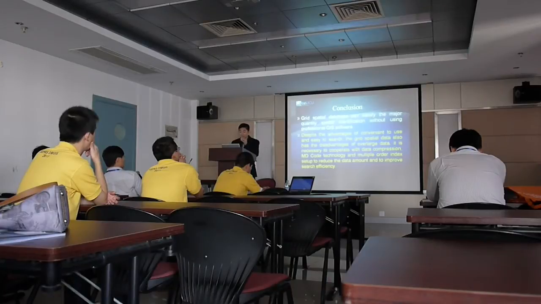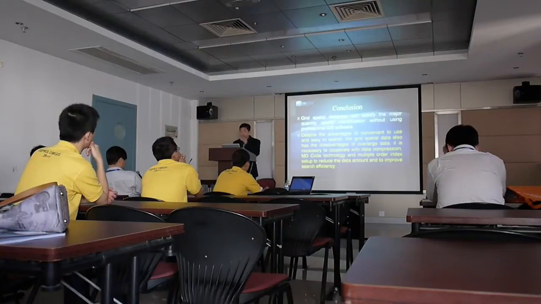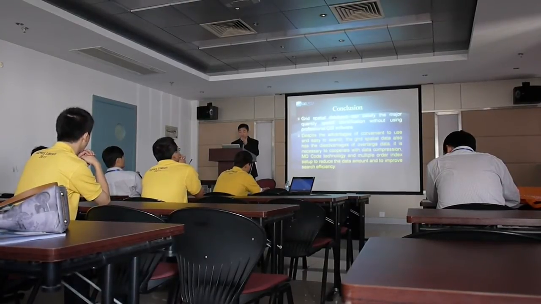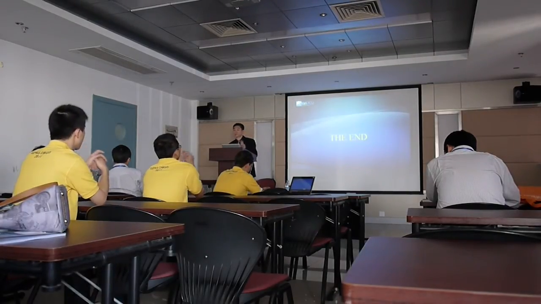However, our method is only suitable for small size area such as Taiwan. If it's designed for larger size area in the future, it still needs to cooperate with data compression and MD coding to reduce the data storage and to improve search efficiency. Thank you.